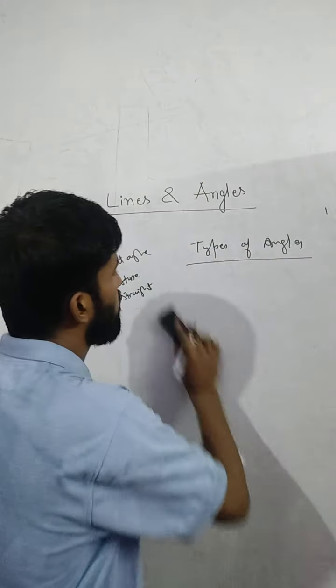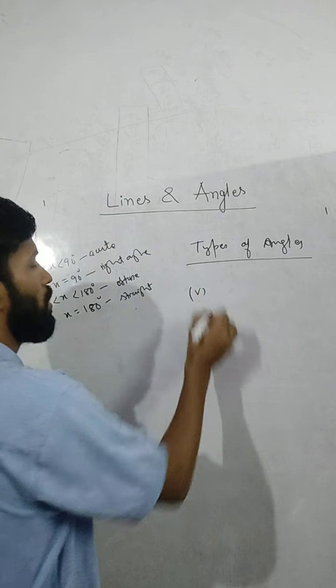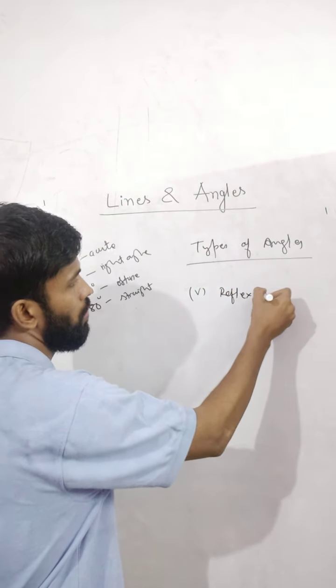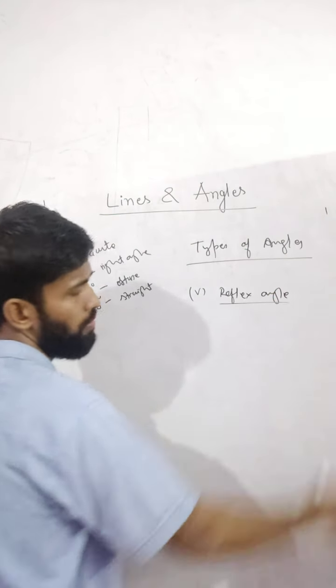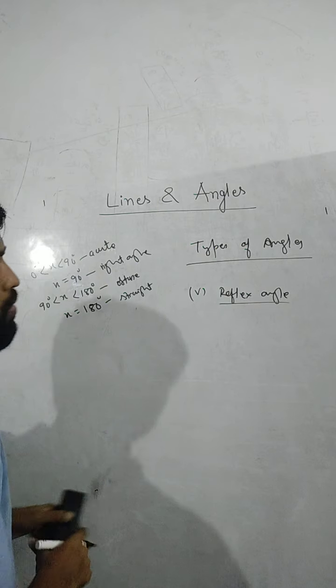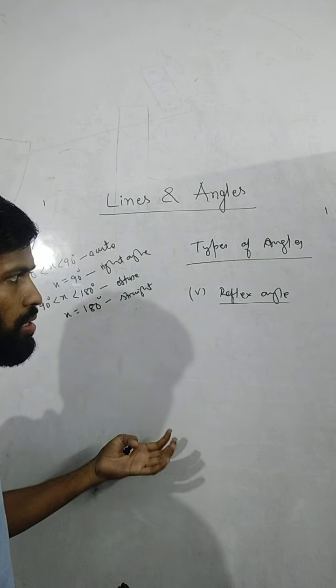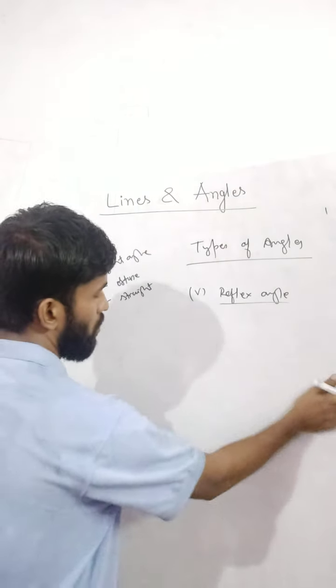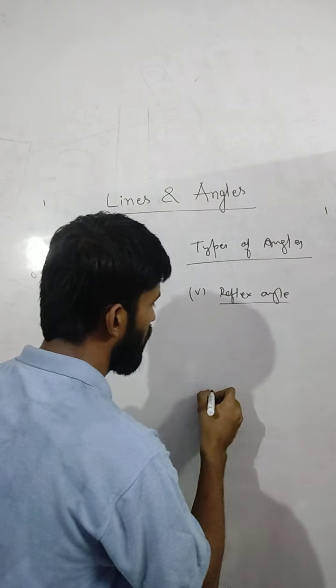Next, the next type of angle is the reflex angle. What is a reflex angle? It goes in order, right? An angle which is more than 180 degree but less than 360 degree is known as a reflex angle. So how will we represent this?